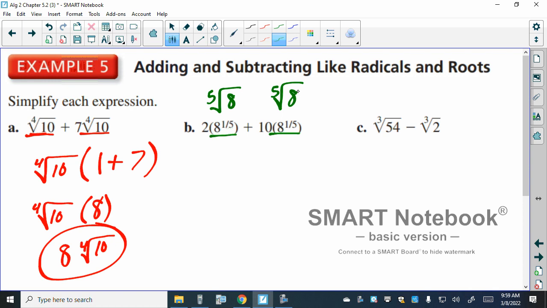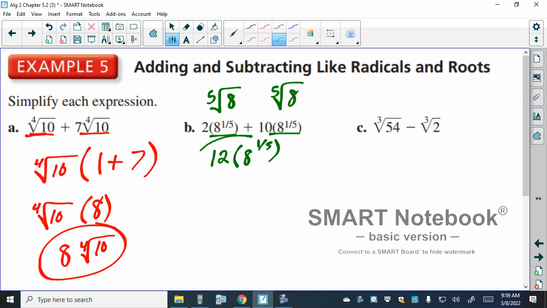So what would this actually simplify to? 12 times 8 to the 1/5, because I have 2 of them and I add 10 to it, so I have a total of 12. That's it.